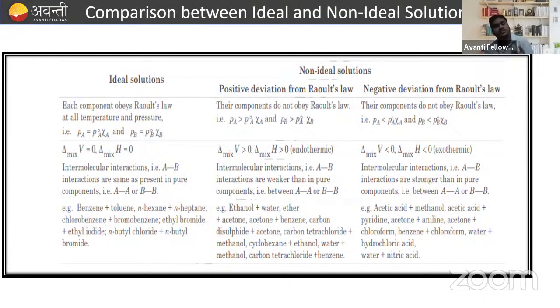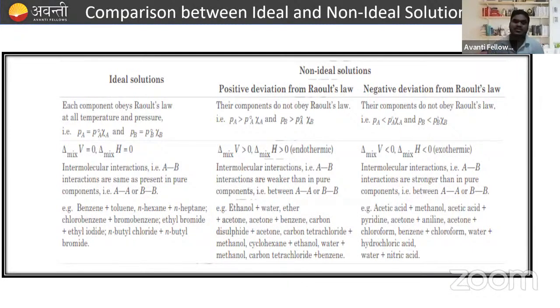What do you mean by the term positive deviation, beta? In positive deviation, there is a very negligible amount of force of attraction between the solute and solvent. As a result, more escaping tendency is present and more vapor pressure will be produced than what we expected from Raoult's law. Examples of such solutions are ethanol, water, and ether, acetone. We already discussed this, just revise it.